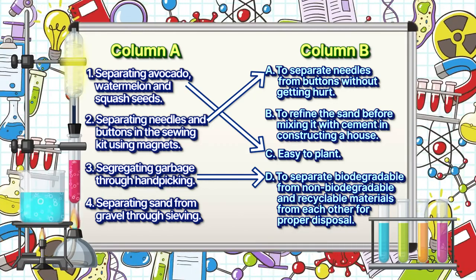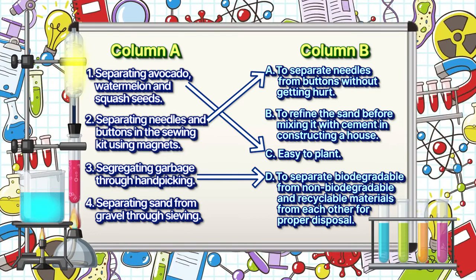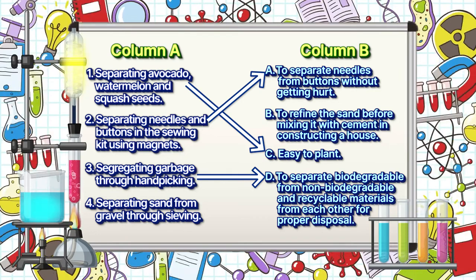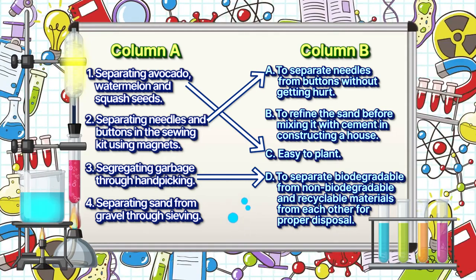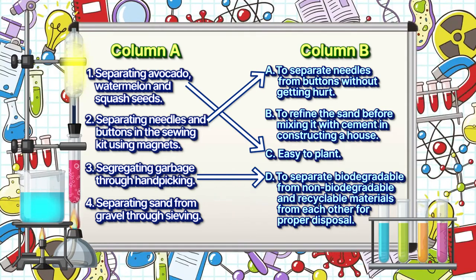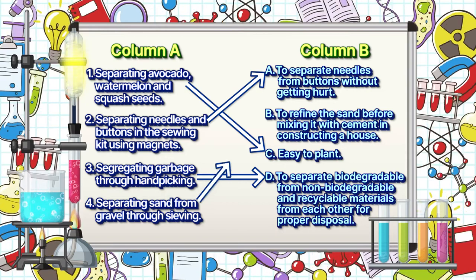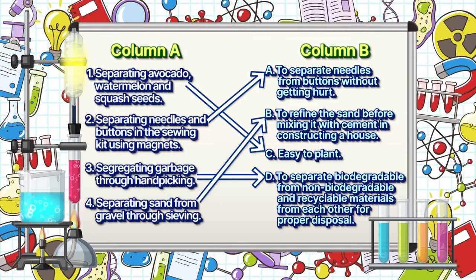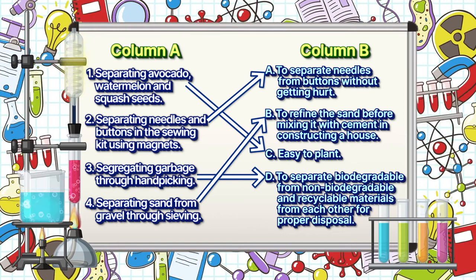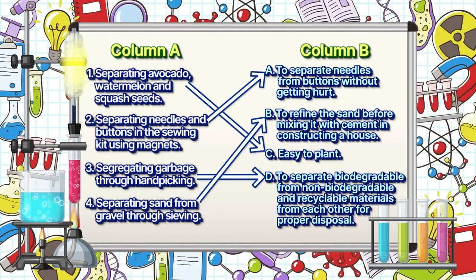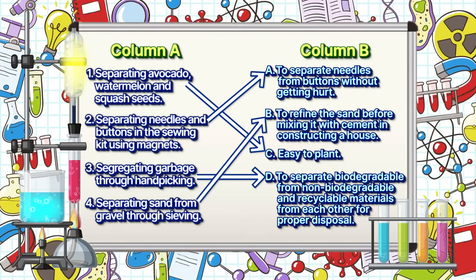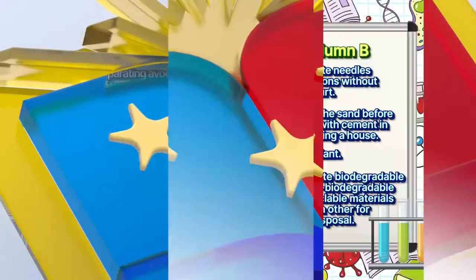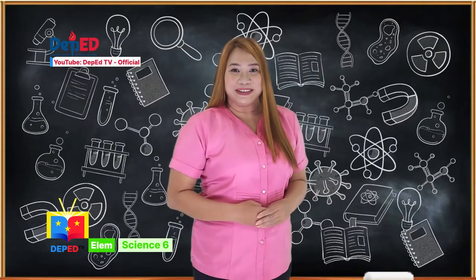What is the benefit of separating sand and gravel through sieving? The correct answer is letter B. We need to separate sand from gravel in order to refine the sand before mixing it with cement in constructing a house. Well done, my dear learners!